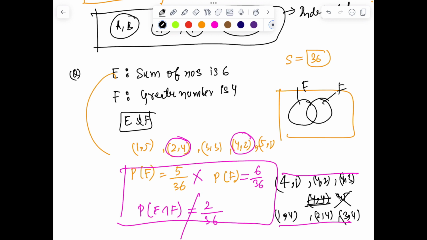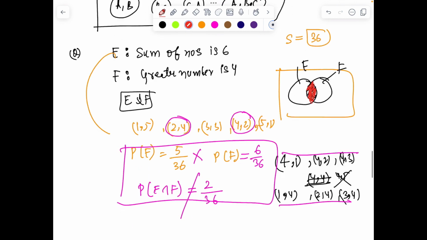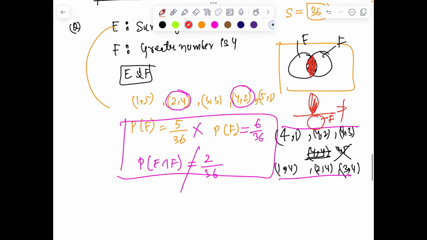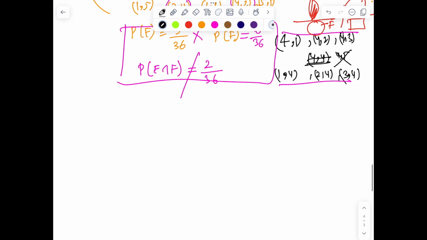If we have E and F, the proportion of E which is happening in F is not equal to the proportion of E which is happening in the sample space. So in that sense, this is dependent. I hope this is entirely clear.